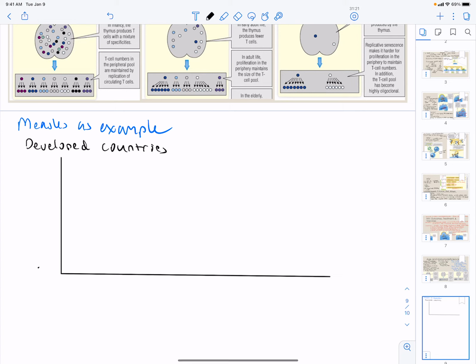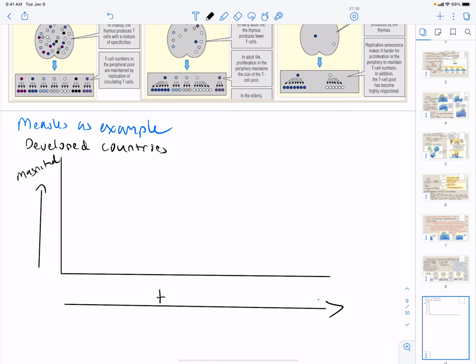So we have here our magnitude, and over here we're going to have time. And here we'll do 6 months after birth and then 1 year.